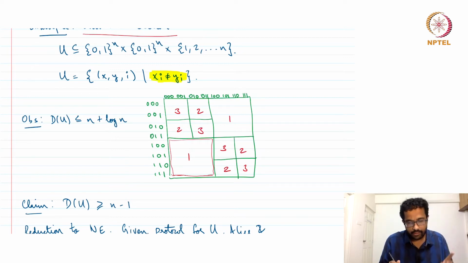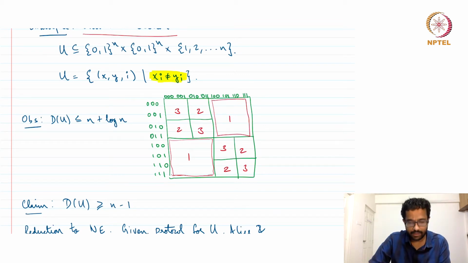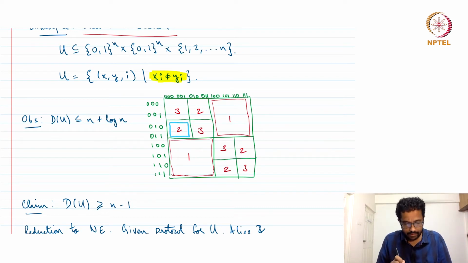Since they differ in the first bit, the answer could be 1. Similarly, in the top right corner, for all the 16 entries, Alice's first bit is 0 and Bob's first bit is 1, so since they differ in the first bit, they could output 1 here. If you look at a small 2 by 2 square, for instance, Alice's second bit is 1 and Bob's second bit is 0. So they output 2 as the answer because they differ in the second bit. And so on, and you can verify the rest of the entries here.